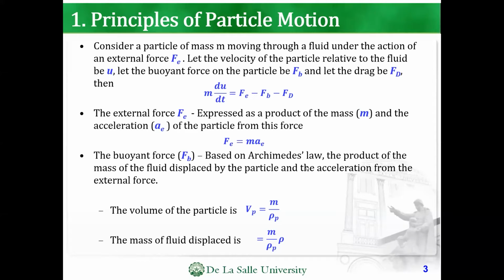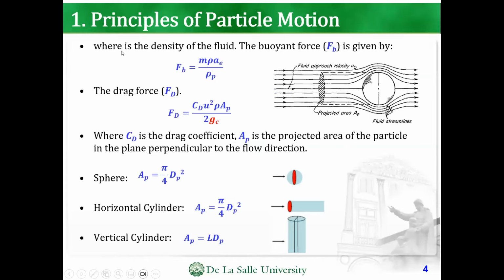Whereas the mass of the fluid displaced is the mass times the ratio of the densities. Basically the density over density cancels, it's just mass. So the buoyant force is given by this equation.